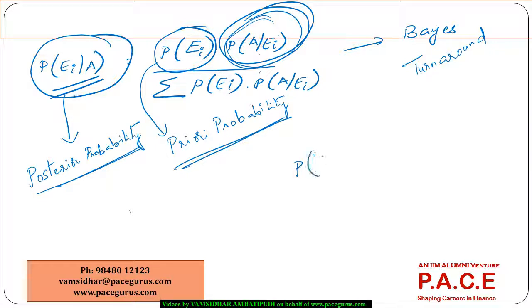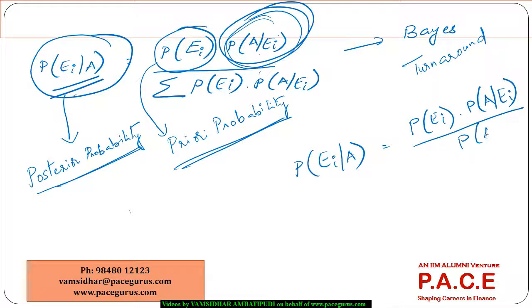In short, if you have to remember it, it's like this. Probability of Ei given A is nothing but you start with probability of Ei, multiply it with probability of A given Ei, divide by probability of A. So this probability of A, you are expressing it with the law of total probability rule.